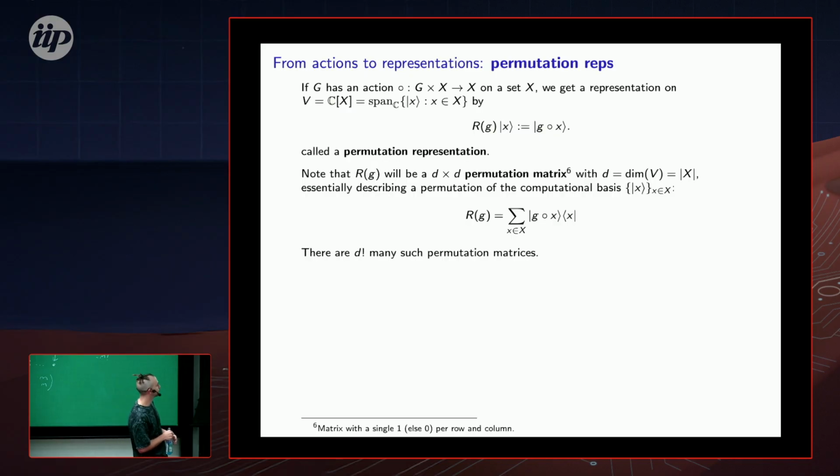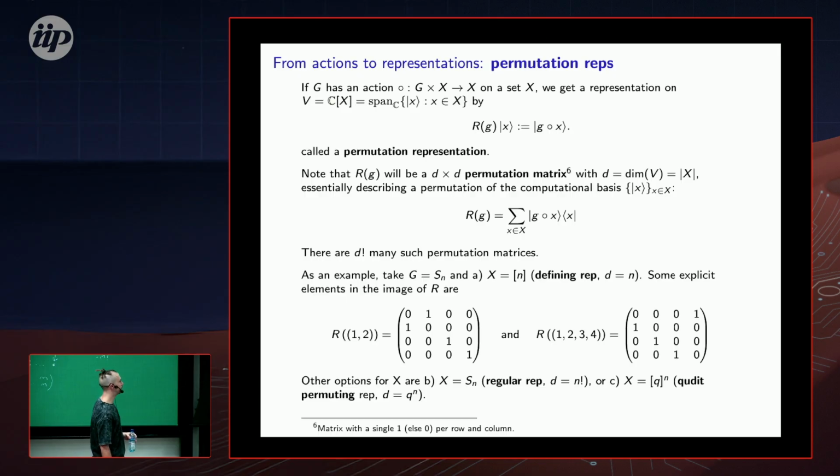So here I explicitly write R of G as a unitary operator sending X to G∘X for every X. You can check these are representations, these are unitary, all of the things that you want to check about groups and reps.